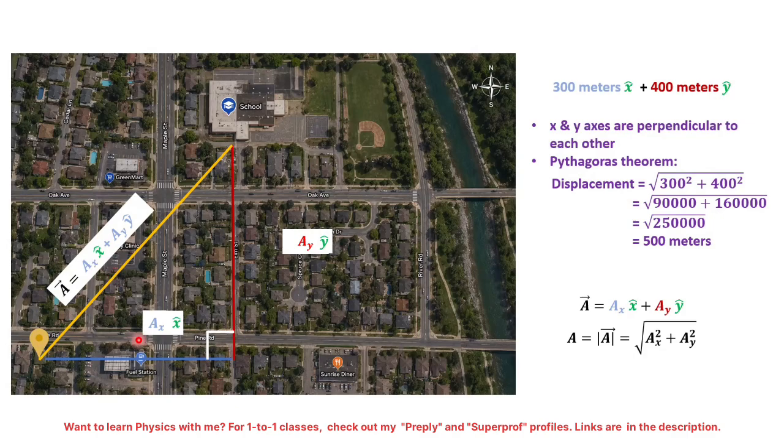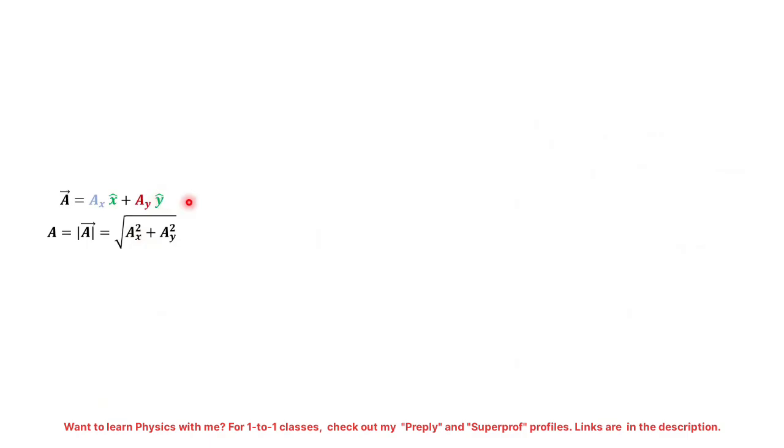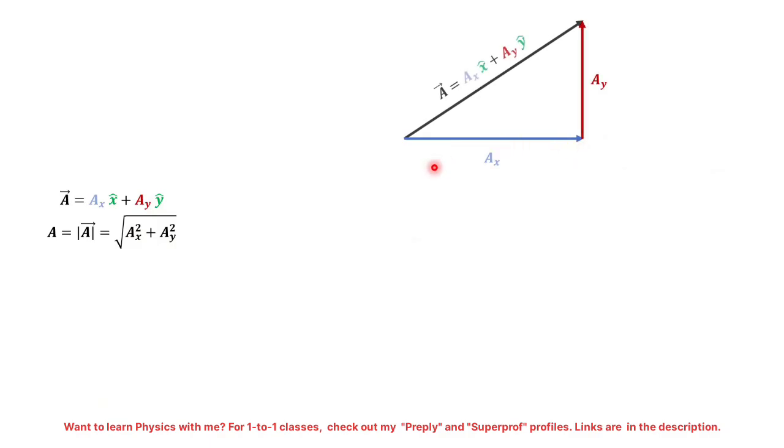It is not simply x hat or y hat. So basically you are covering both x values and y values. So this is the vector quantity, and this is the magnitude of the vector. Now from the previous slides, what we have learned is that if you are moving ax distance along the x-axis and ay distance along the y-axis, then the overall vector quantity will be this.